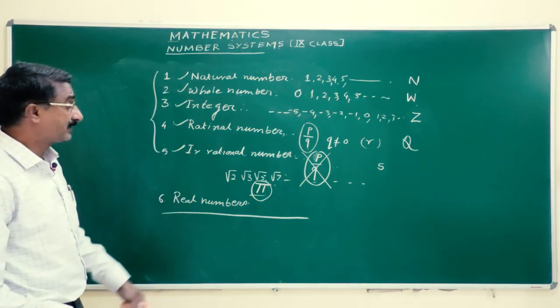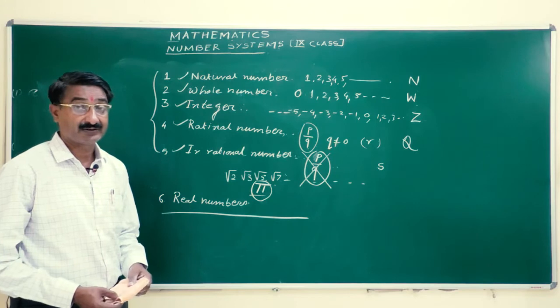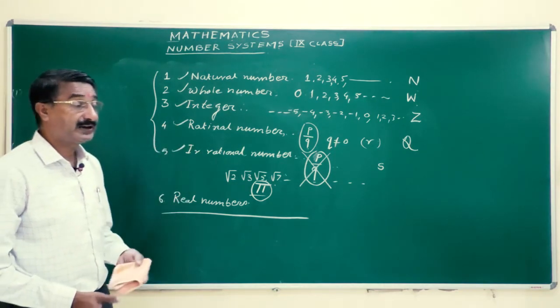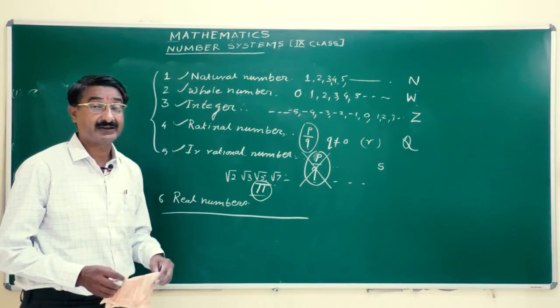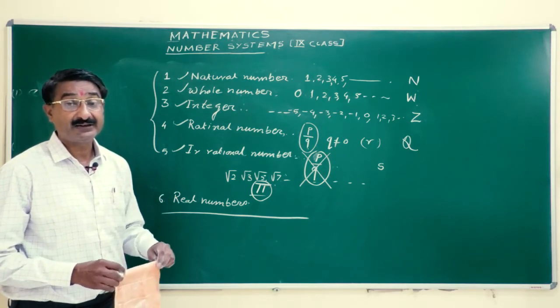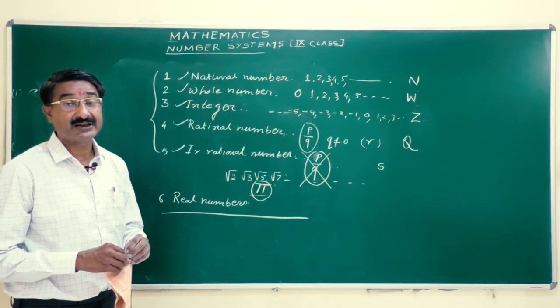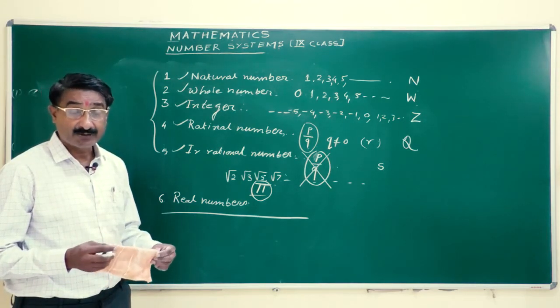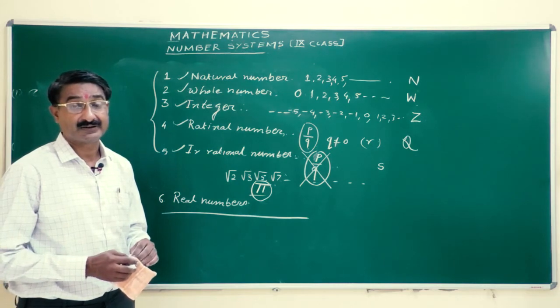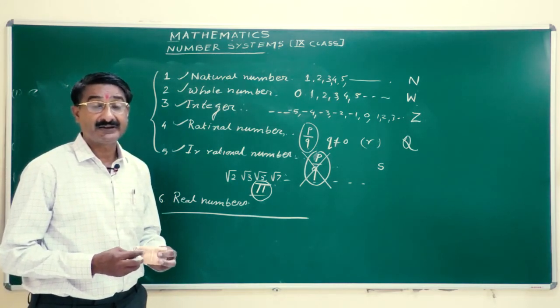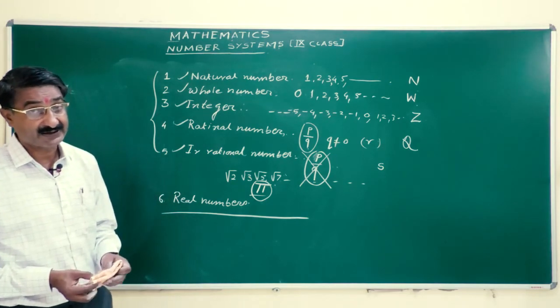Rational and irrational numbers can also be defined in terms of their decimals. If the decimal is recurring and repetitive in nature, or terminating, then it is a rational number.